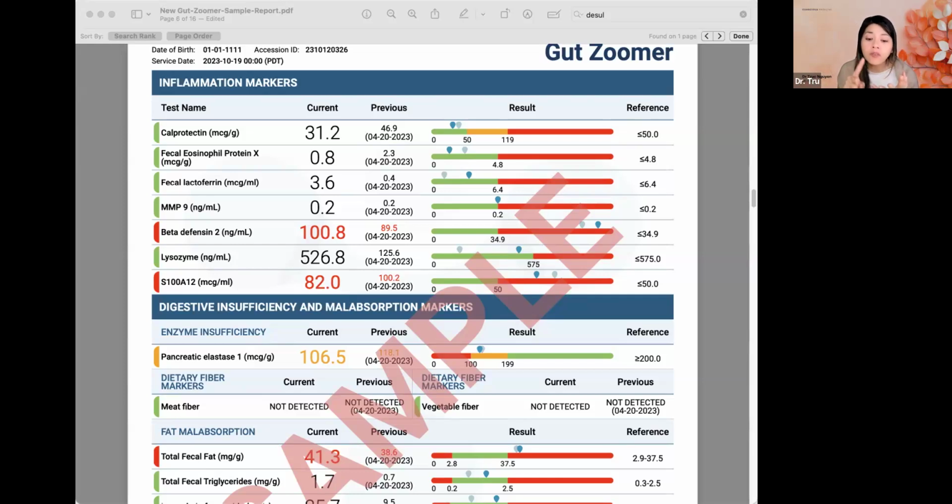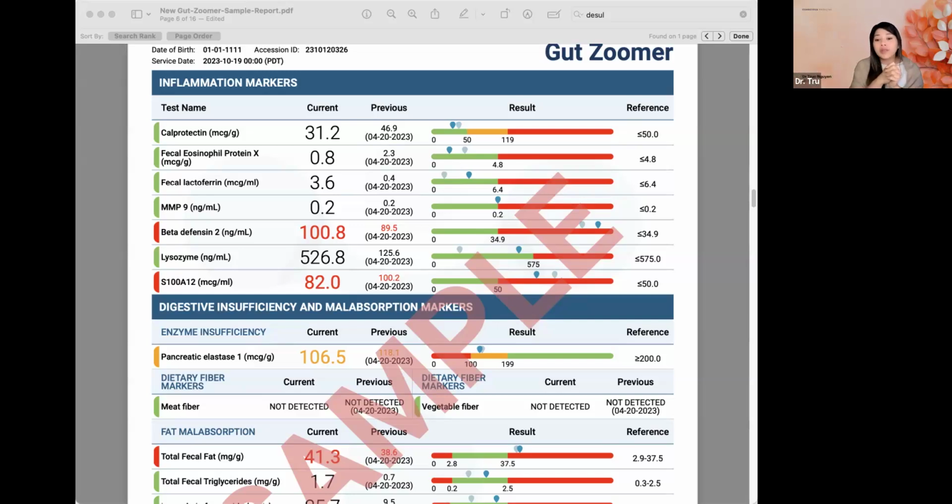But you can also feed yourself blueberries, blackberries, any food that is dark blue, dark purple, blackish, which will also feed the Akkermansia population.